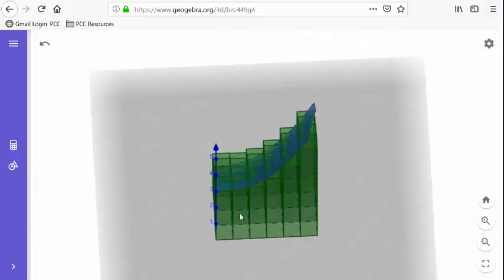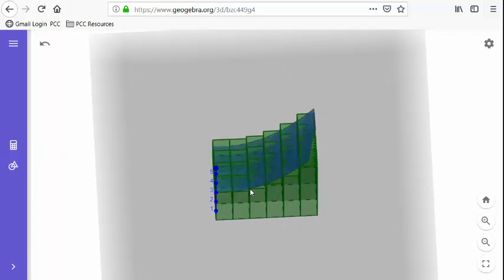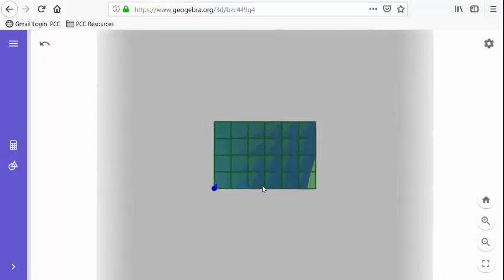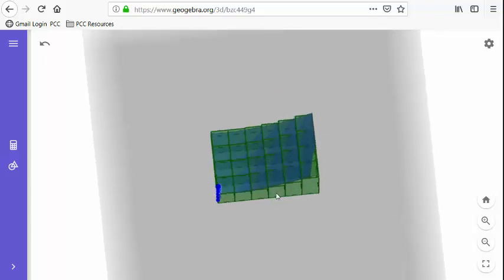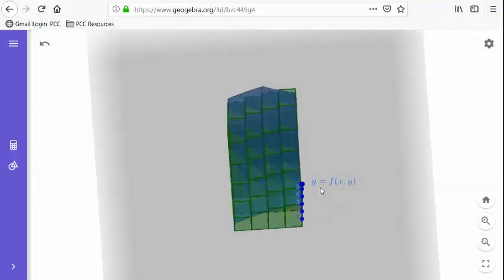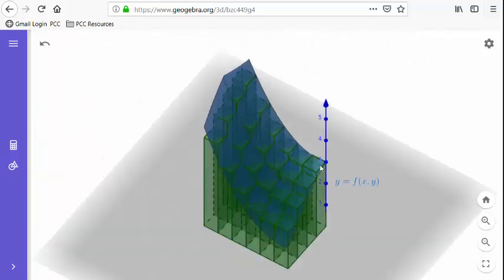What we're going to do initially here is use these bottom left endpoints so that the height of each rectangular solid matches the z value on the surface at the lower left corner of the rectangles that we've cut the region into. And then we can add up the volumes of all of these rectangular solids, and that gives us an approximation to the volume under the surface.